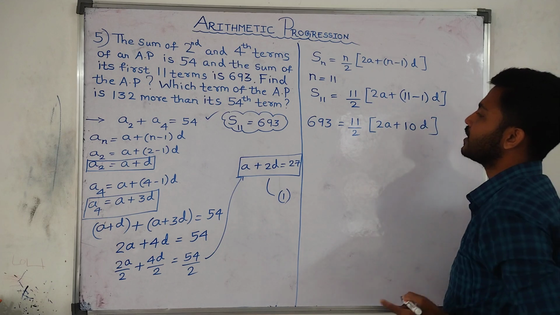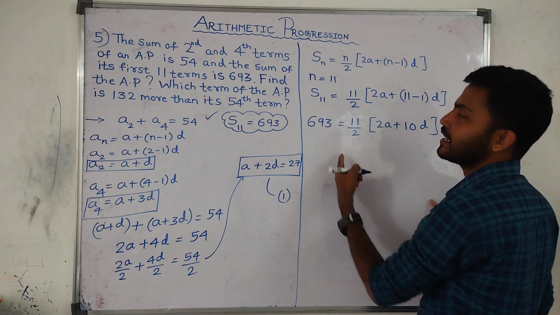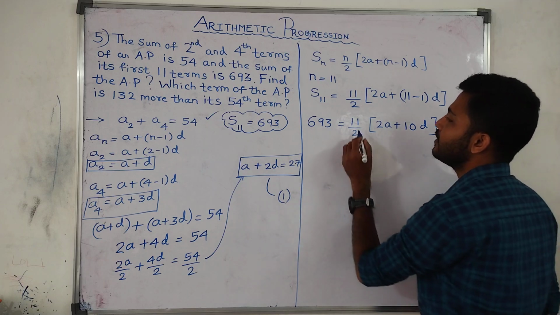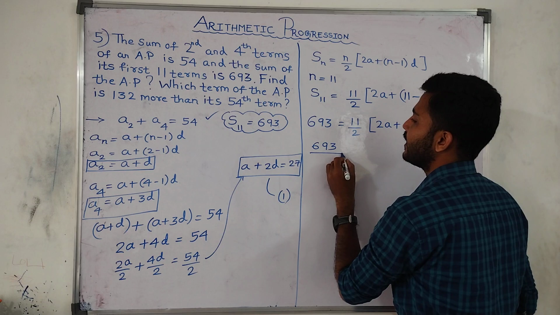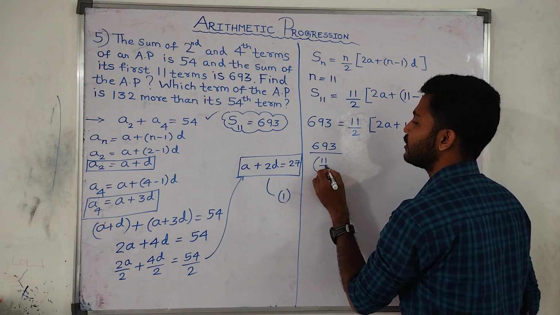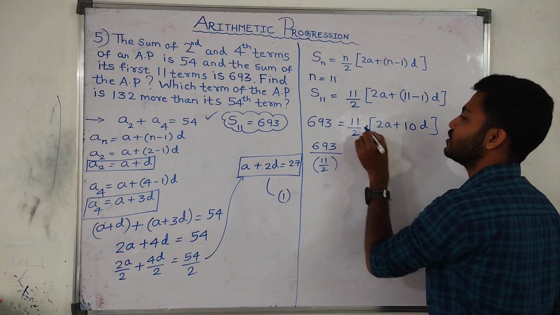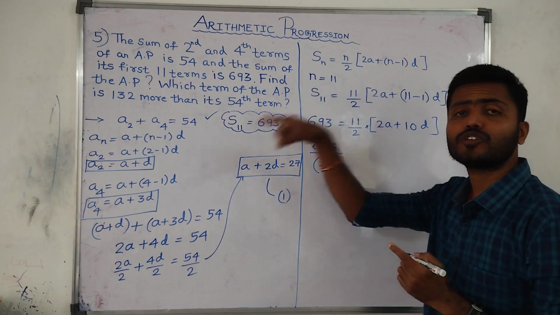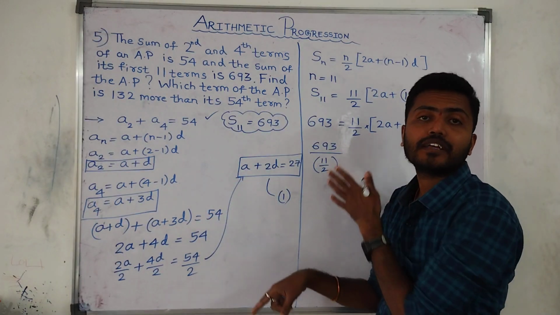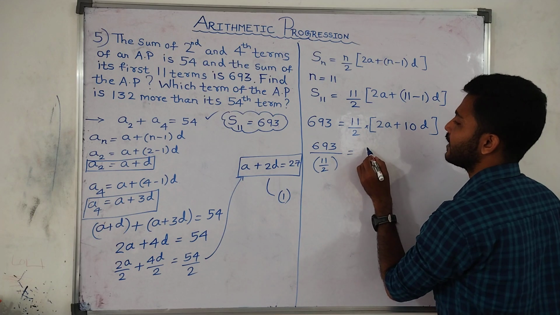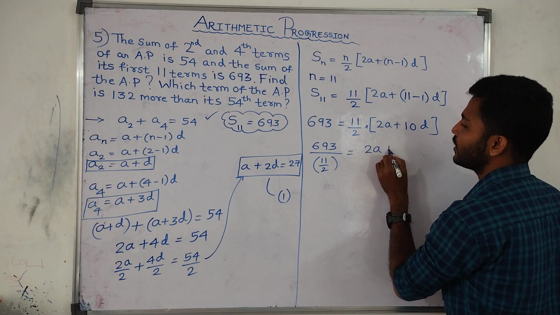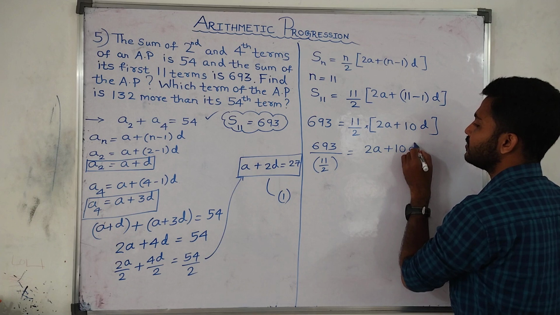Okay? So now I'll just take this 2 and 11 on the other side. Okay, so 693 divided by 11 by 2. Okay, because 11 by 2 is multiplied here. If it goes on the left hand side, it becomes divide. So 693 divided by 11 by 2 is equals to 2a plus 10d.